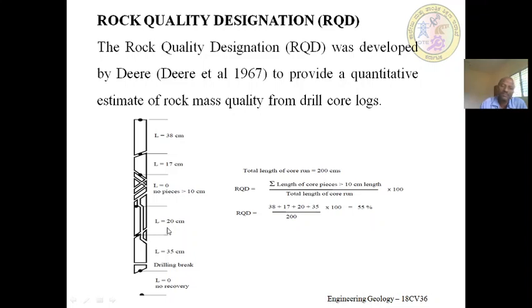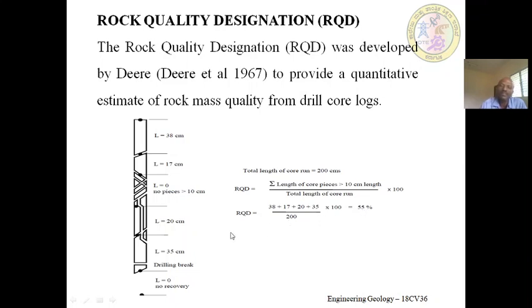So next is 20 centimeters and another one is 35 centimeters. So the sum of the lengths of core pieces more than 10 centimeters is 38 plus 17 plus 20 plus 35, in a run of 2 meters, that is 200 centimeters. Multiplied by 100, the percentage of RQD is calculated as 55%.